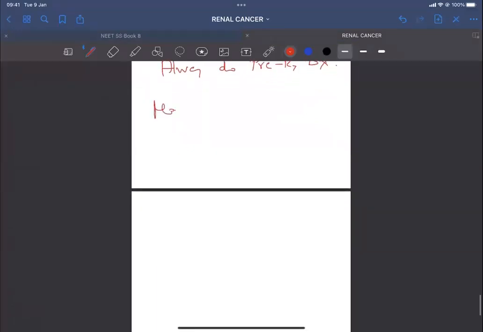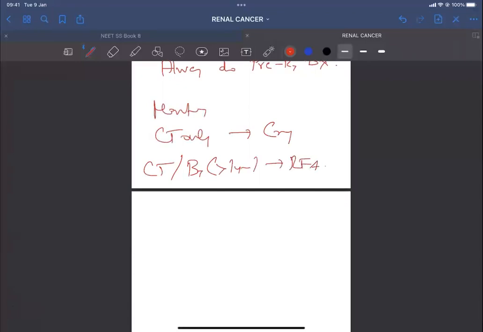Monitoring is by CT only for cryo, and CT plus biopsy after 1 year if it's RFA. What's important to remember, RFA has less risk of bleeding.